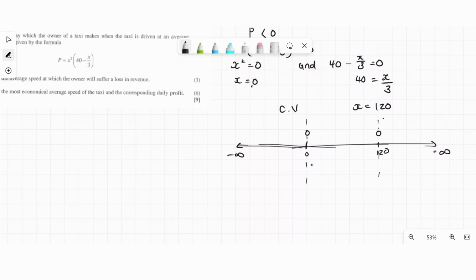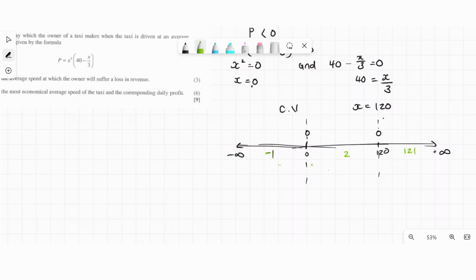Pick a number between negative infinity and 0, which is I'm going to pick negative 1. Then a number between 0 and 120, which I'm just going to pick 2. Then a number between 120 and positive infinity, which I'm going to pick 121.